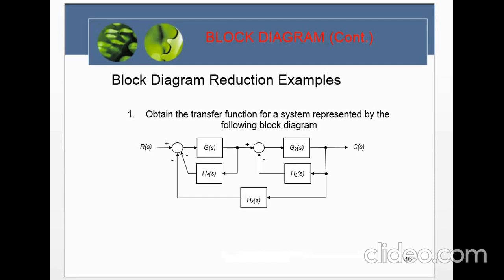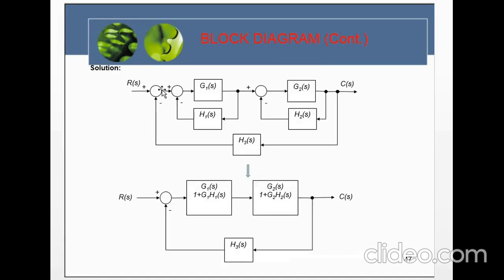Okay. We separate this feedback into this summing point by adding one more summing point here. Okay, this loop is free, and also this point from here previously we move it here.